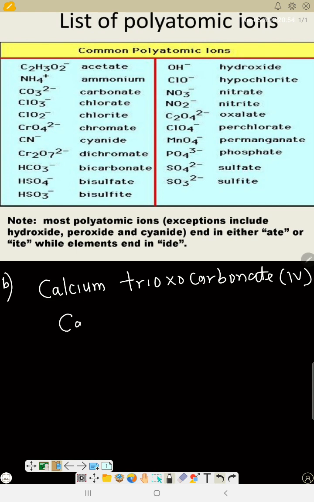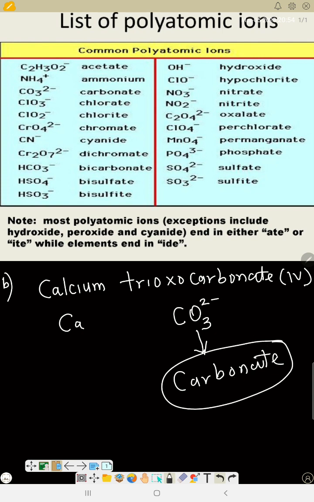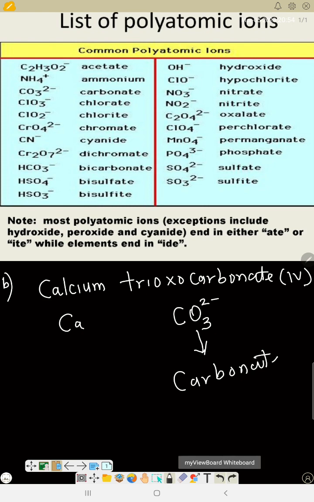Calcium is Ca, trioxocarbonate 4 is CO3, and the charge on it is 2 minus. So the short form of this trioxocarbonate 4 is simply carbonate. Please take note, trioxocarbonate 4 is simply carbonate. So that means this is calcium trioxocarbonate 4.